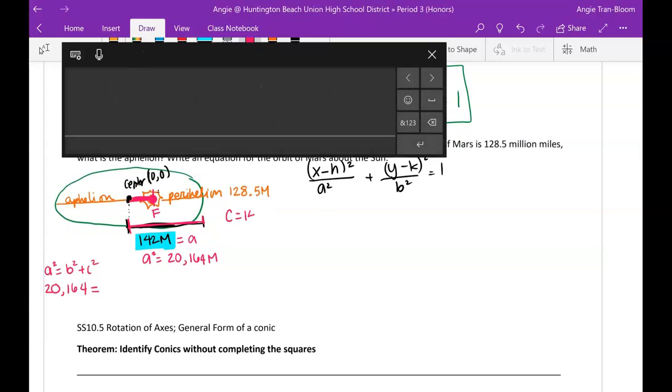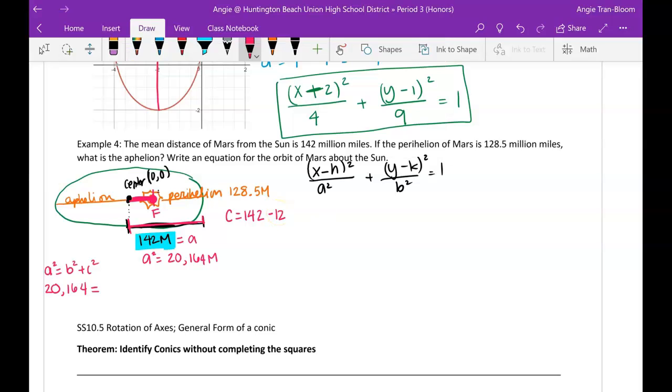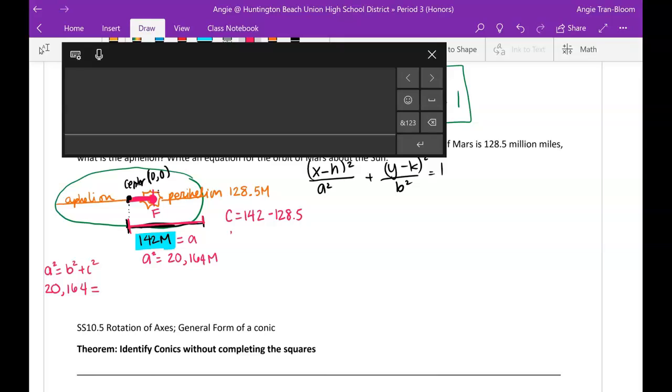C equals 142 million take away 128.5 million. Using my calculator, c comes out to be 13.5 million. I will write the millions later, but right now that's what c is.